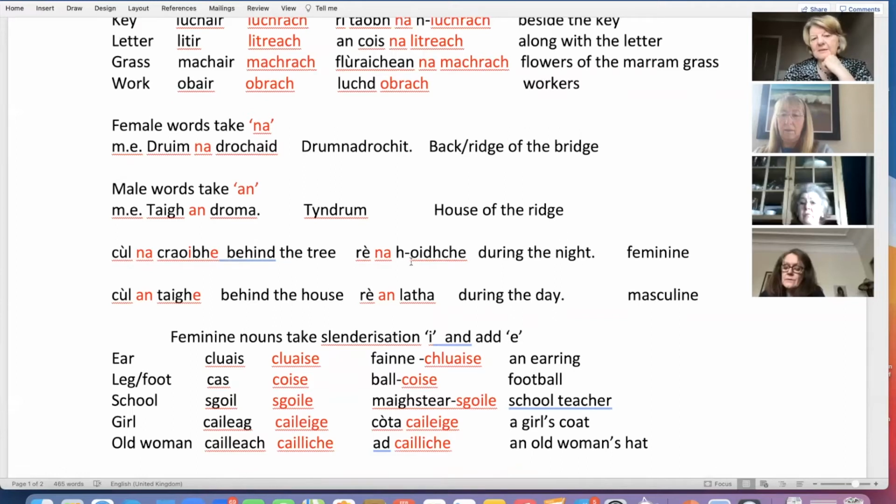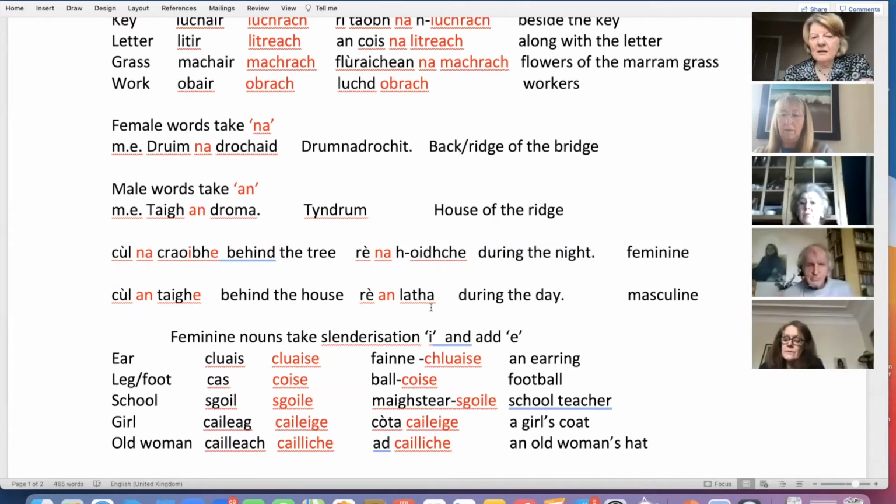During the night, the preposition re takes the genitive as well. So you go re na haige for feminine words. Cool and tire, and you pronounce the end letter E. Cool and tire, behind the house. Re and va, during the day, because it's masculine.